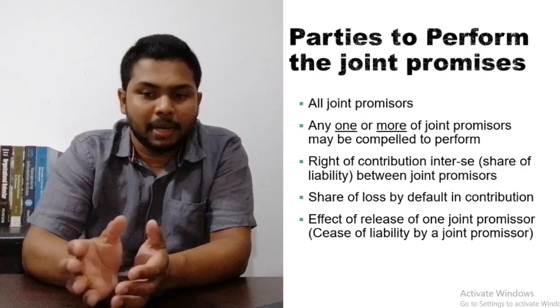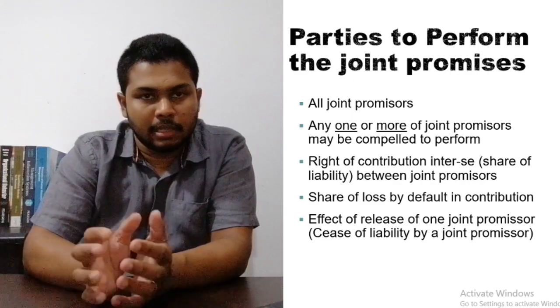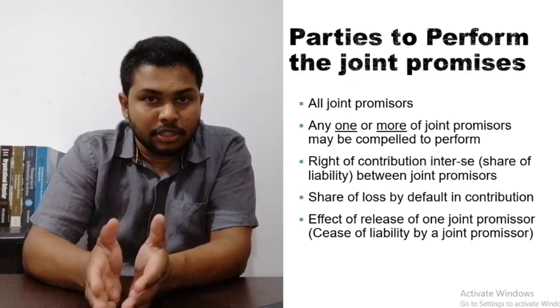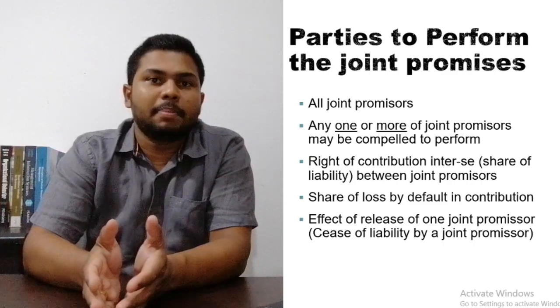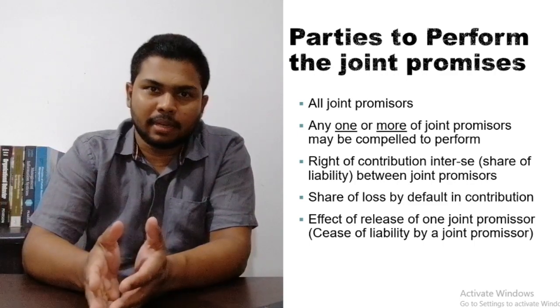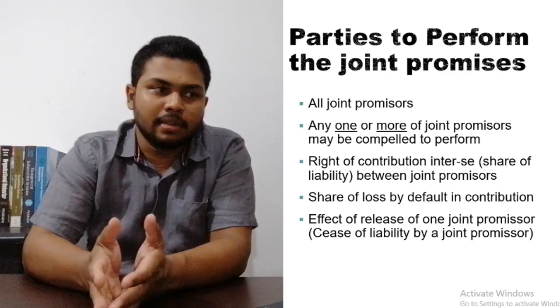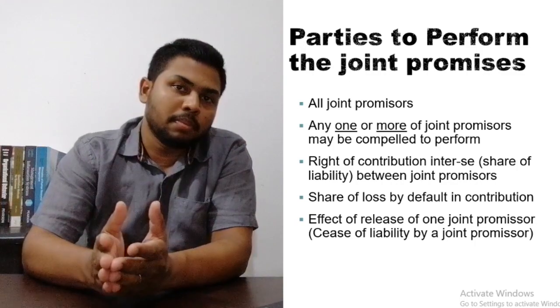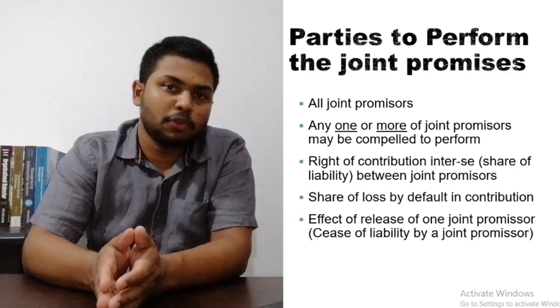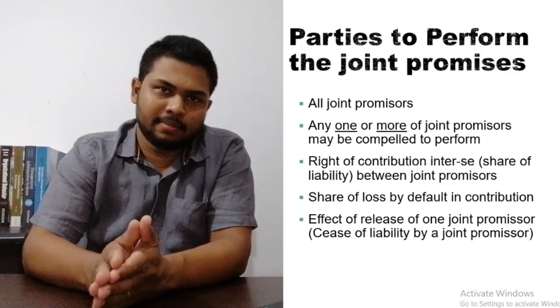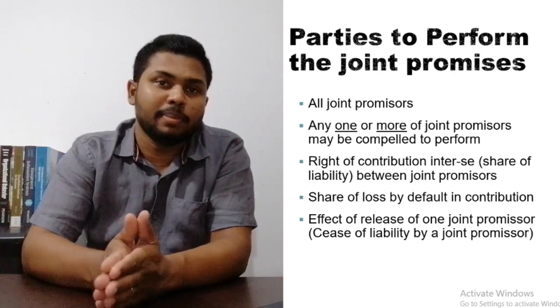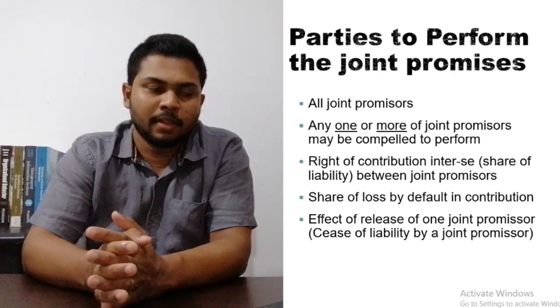So in that promise, the engineer has to perform that particular duty. One person is responsible to perform that particular task. That is for the fulfillment of the duties and responsibilities.